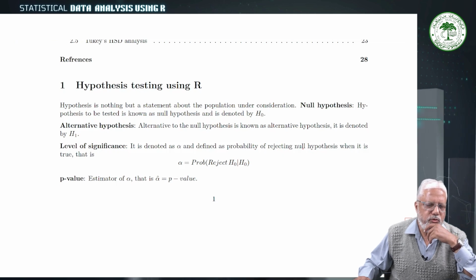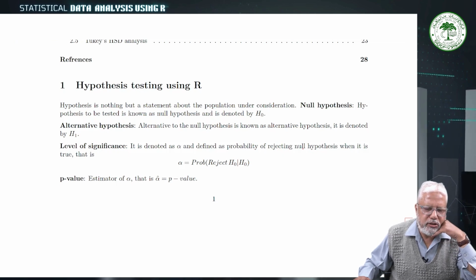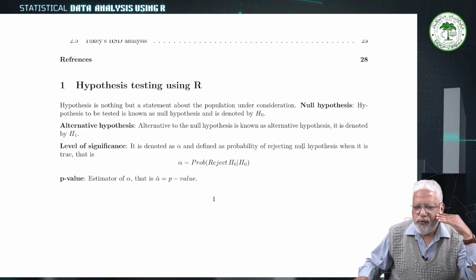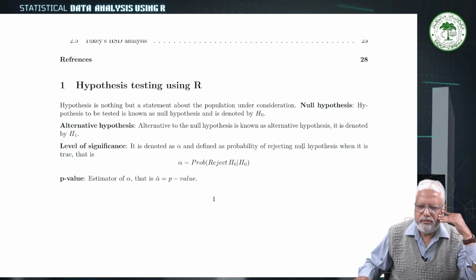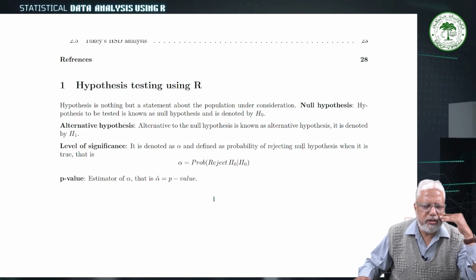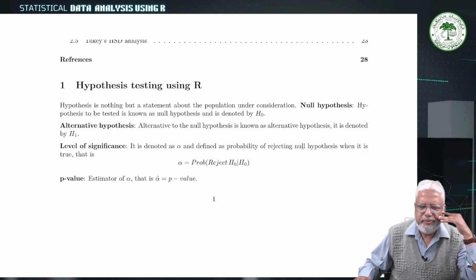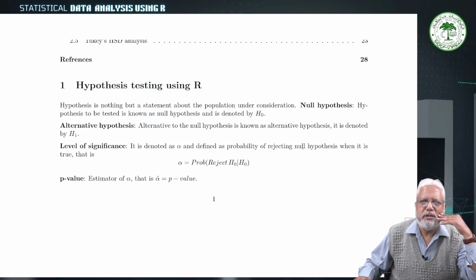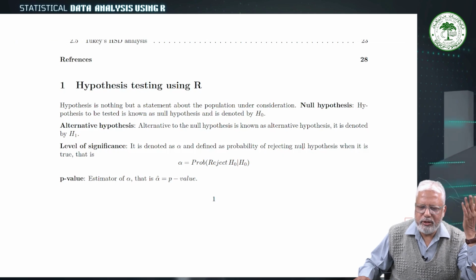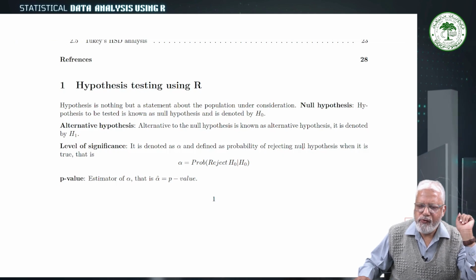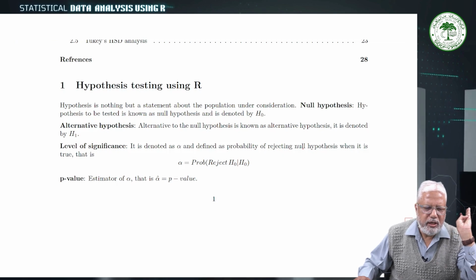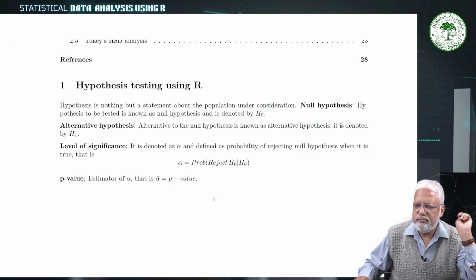So, a hypothesis is nothing but a statement about a population under consideration, and population here means statistical population, and population is always defined in terms of distributions. So, any statement about the parameter of the distribution is nothing but a hypothesis.